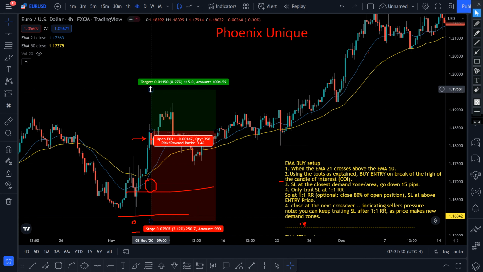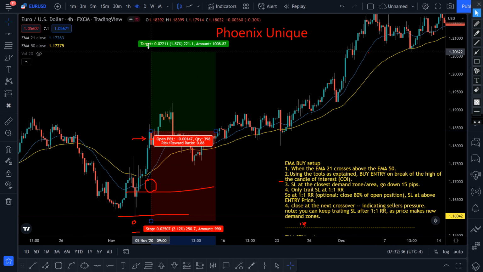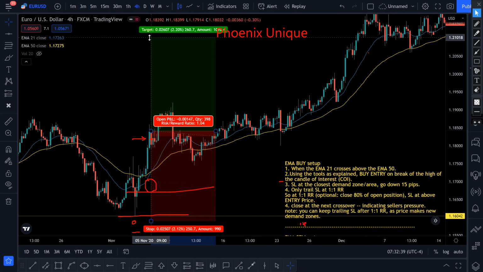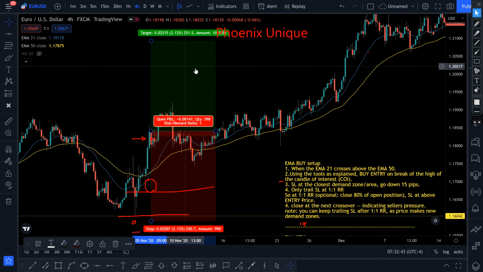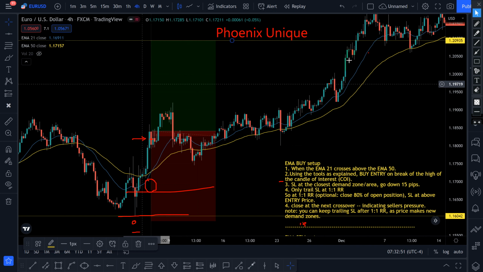Then you have to make this, what's the next thing? Only trail stop loss at 1:1. You put this at 1R, which is this. So you can only move stop loss when price has come to this spot.